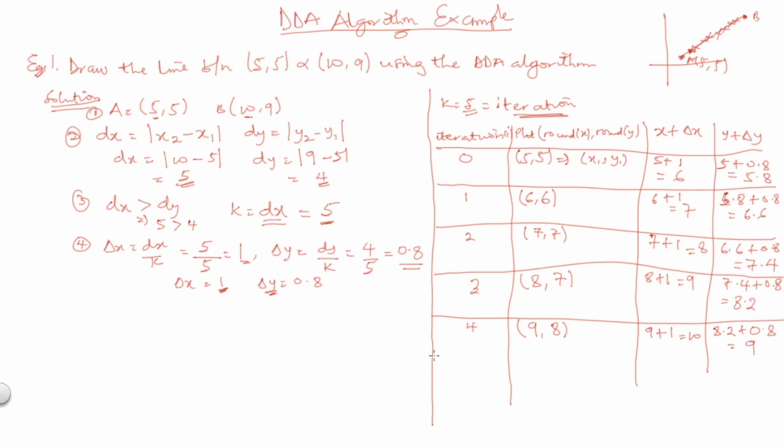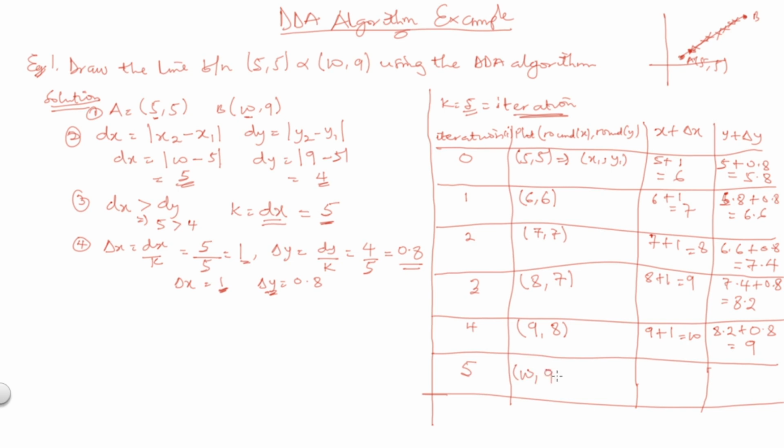So that is the fourth iteration. At the fifth iteration, we have the value of 10 and 9.